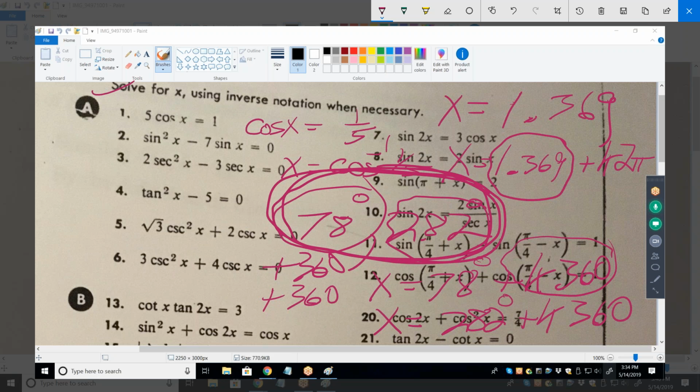It doesn't say x is between 0 and 2 pi. No, sir. Okay, so you have to give all the answers. And that's where this notation, you're familiar with this notation, right? Yes, sir. Not everybody uses k, some people use n, but basically k is all integers from negative infinity to positive infinity.